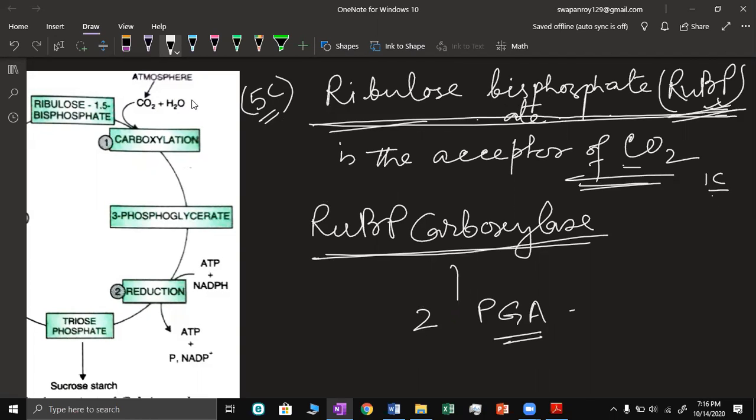Together they are a 6 carbon compound. This 6 carbon compound splits into two similar molecules. So two molecules of 3 carbon compound phosphoglyceric acid are produced, and this is the carboxylation phase.